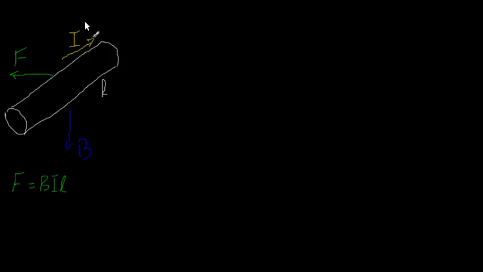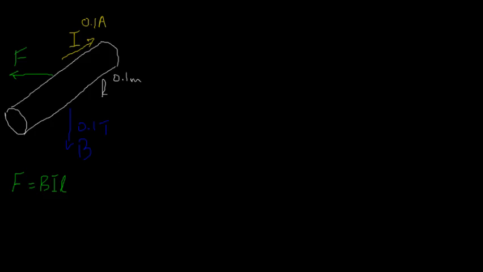Let's say the current is 0.1 ampere, that the magnetic flux density is 0.1 Tesla, and just take for example a length of the iron rod of 0.1 meter, that's 10 centimeters.